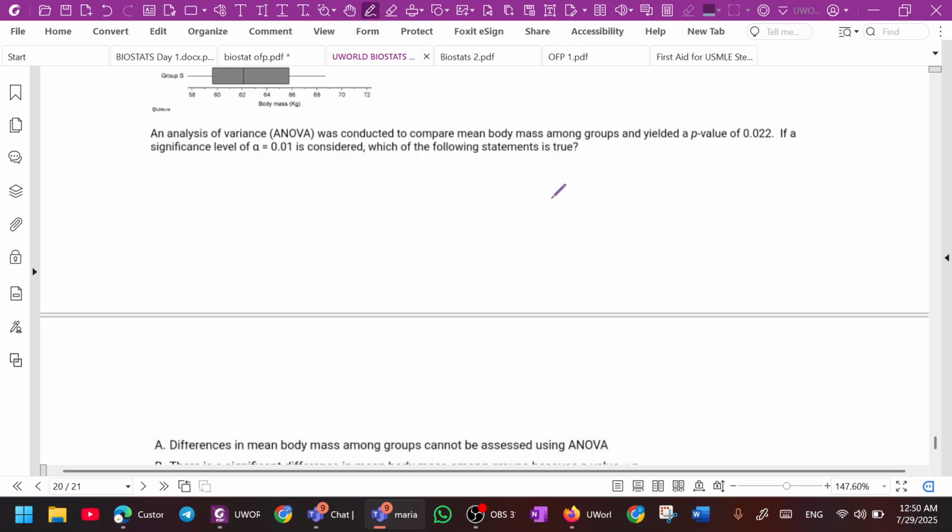Okay, so now we're changing the alpha to 0.01. So now is this p-value statistically significant or not? No, it's not statistically significant. Why? Because 0.02 does not fall into 0.01. What does that mean, does not fall into? Like 0.02 is higher.